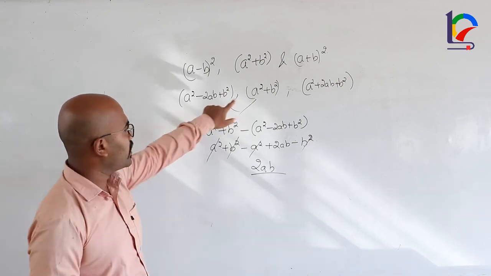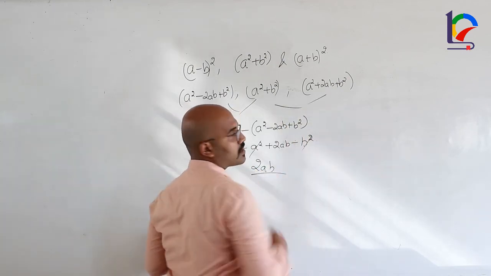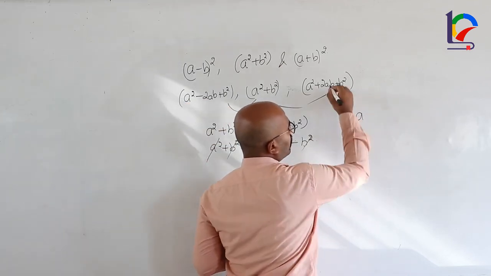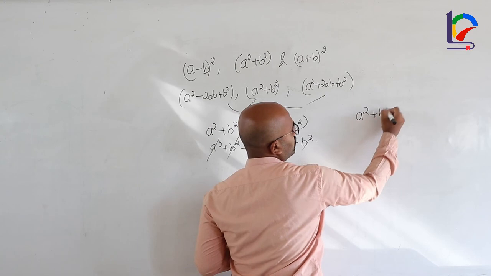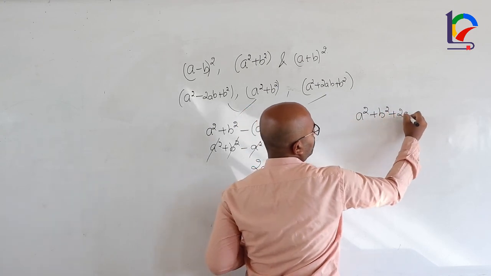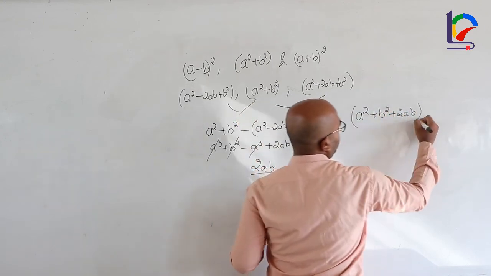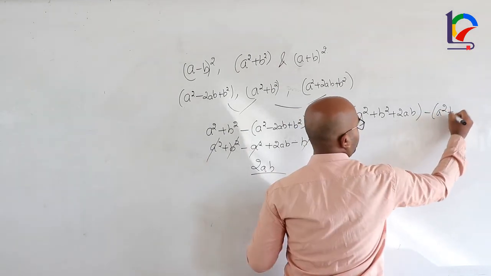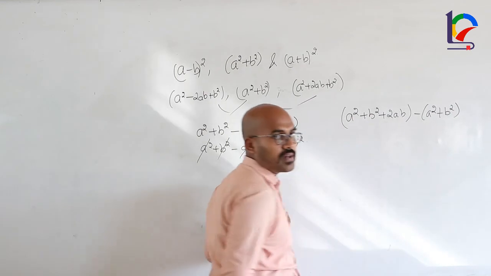Similarly, the common difference between the third and the second term: third term a square plus b square plus 2ab, minus the second term, a square plus b square.